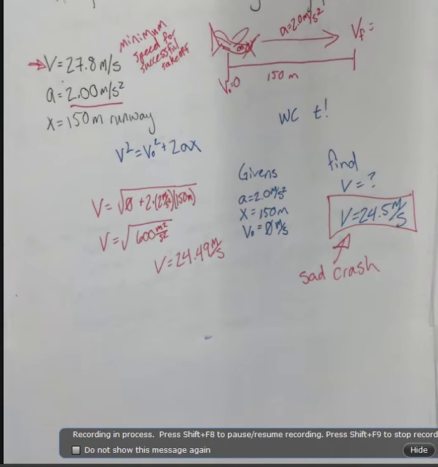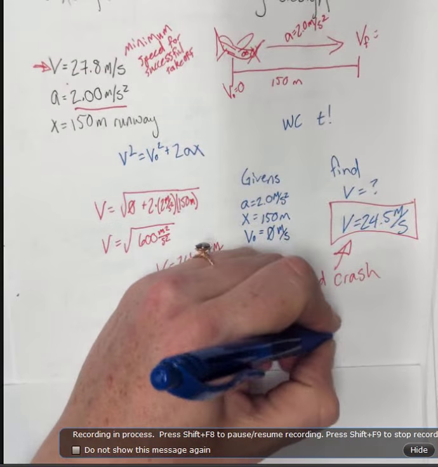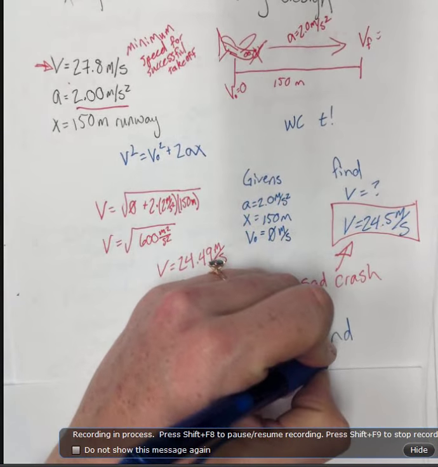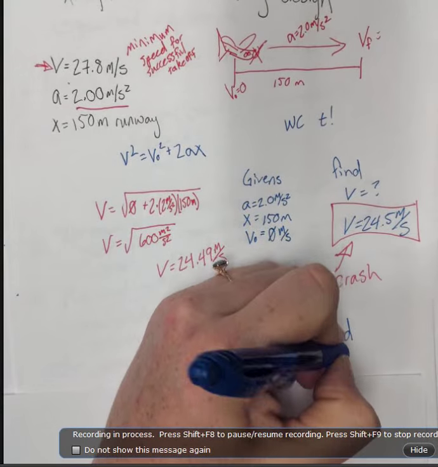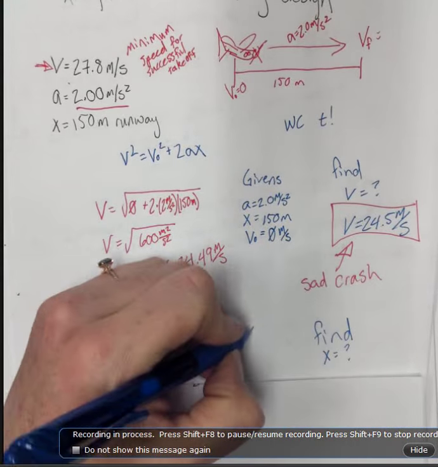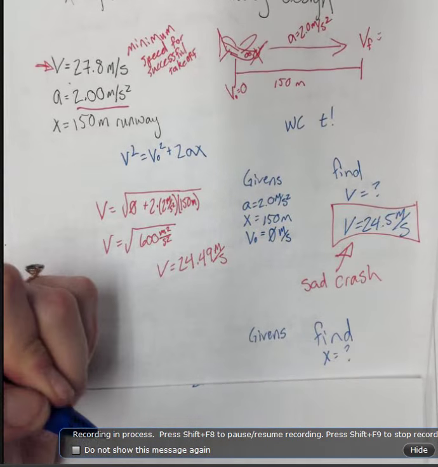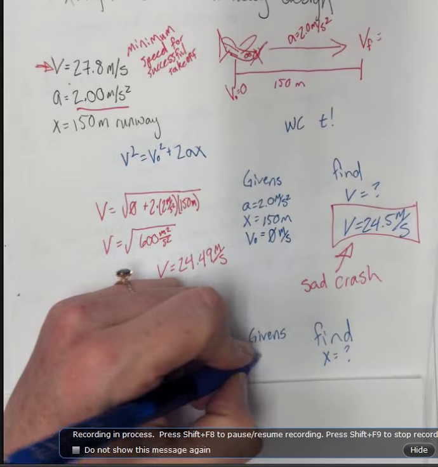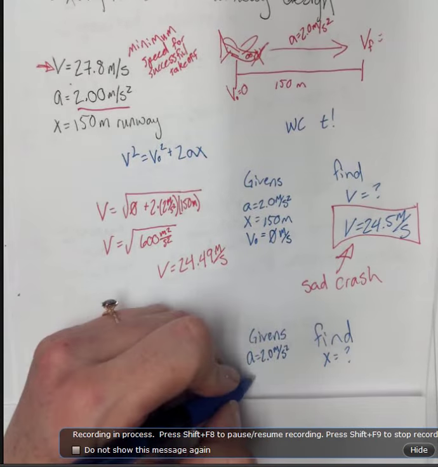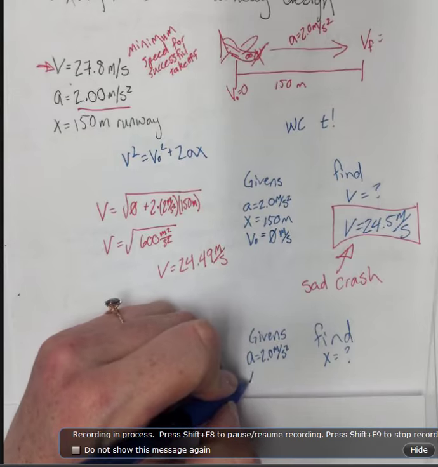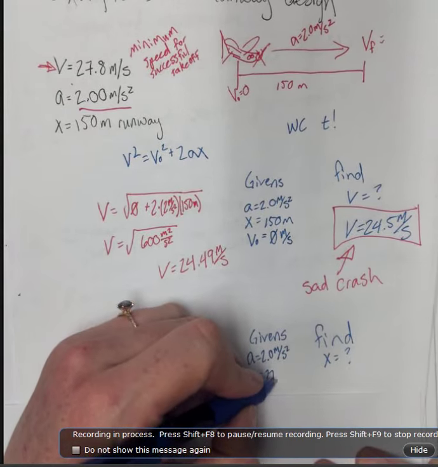We need to know how long our runway is actually going to be. So this time we're going to find the actual displacement that the plane needs. We know that for the airplane to take off successfully with an acceleration of 2.0 meters per second squared, it needs a final velocity of 27.8 meters per second.